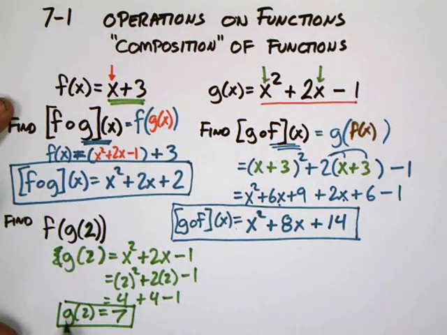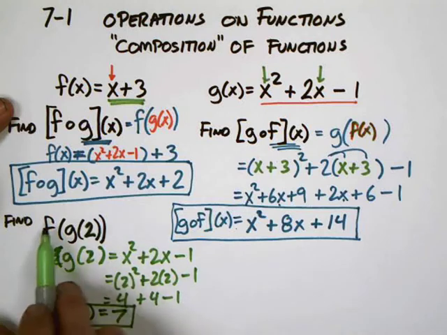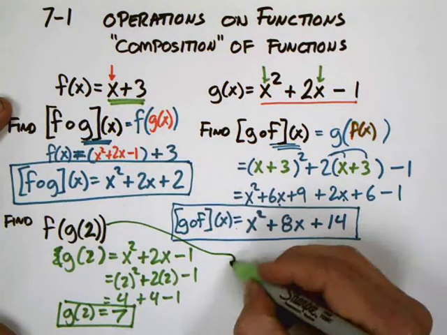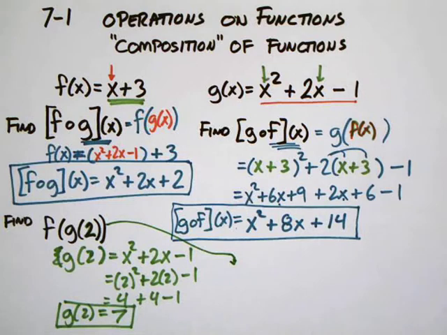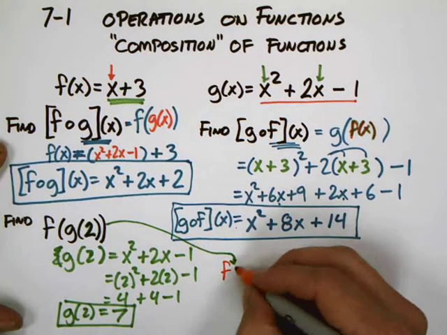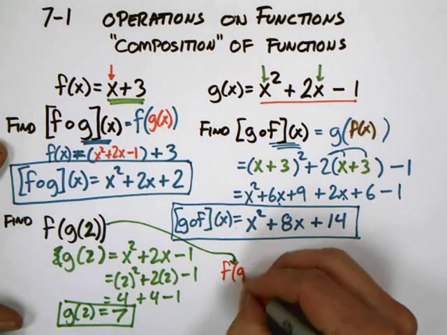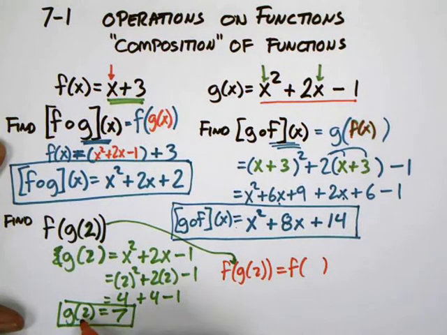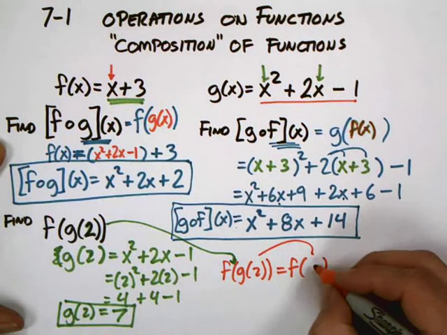So now, since I know g of 2 is worth 7, and I'm asked to find f of g of 2, then this f of g of 2 is the same as f of, well, g of 2 is 7, so substitution, f of 7.